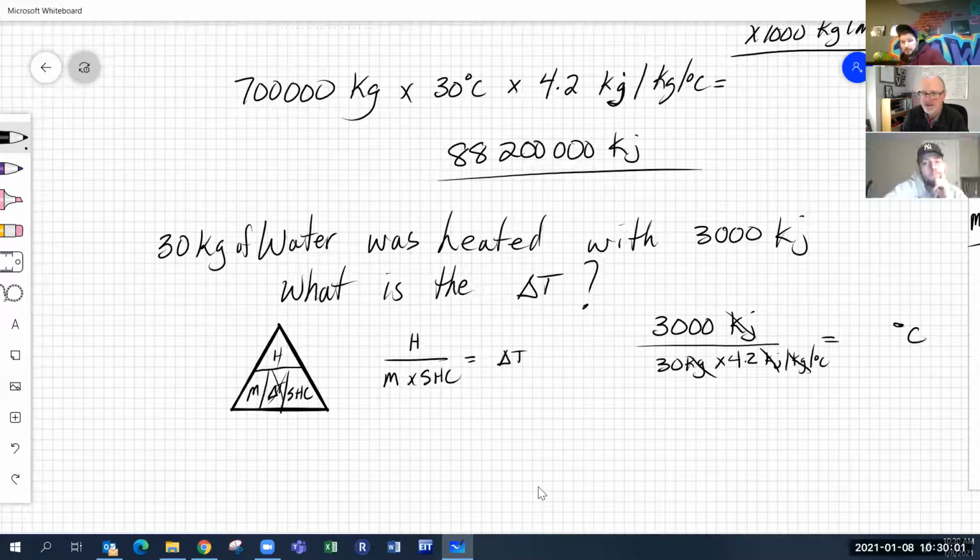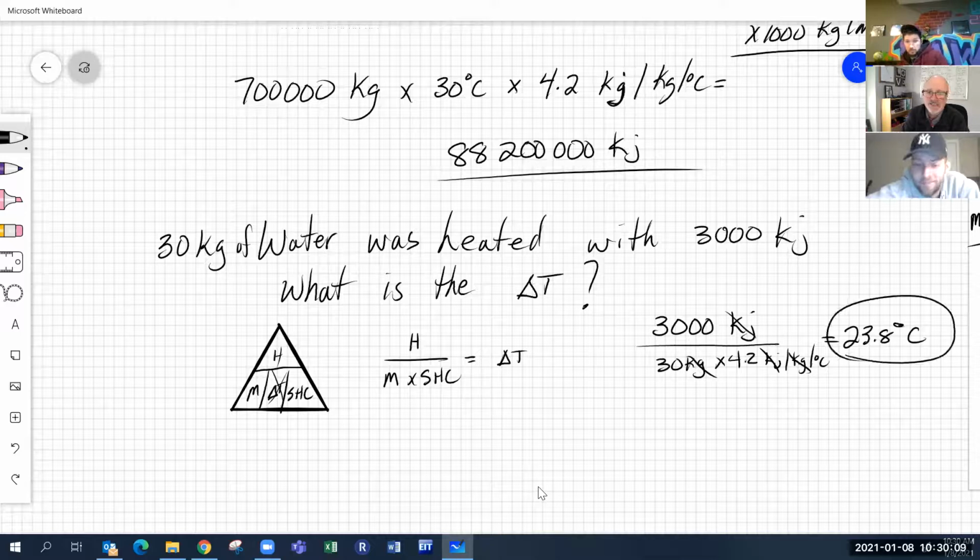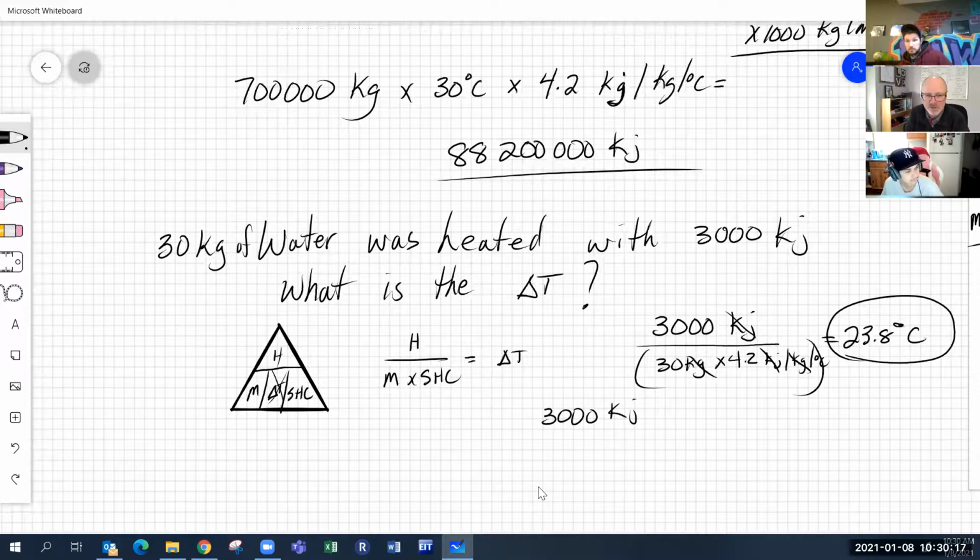23.81. It's 23.8 degrees Celsius is the answer. And remember, down here at the bottom, I have to multiply that first, mass times specific heat capacity. So it's going to be 3,000 kilojoules divided by, what is it, 126.